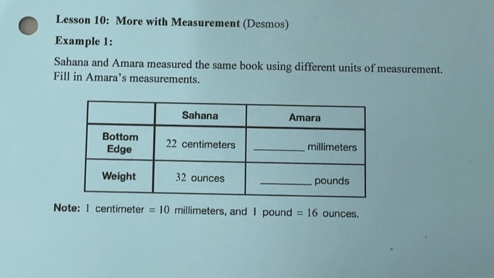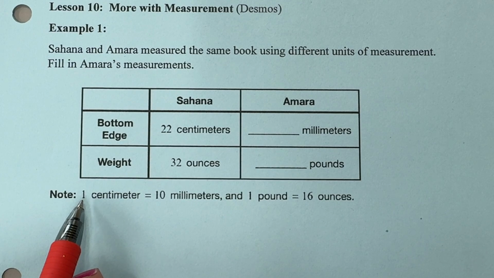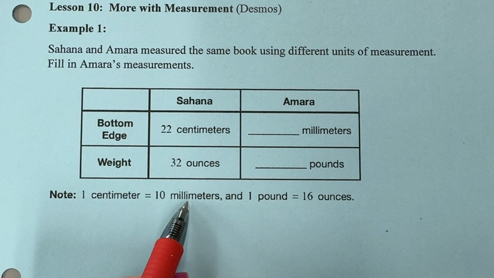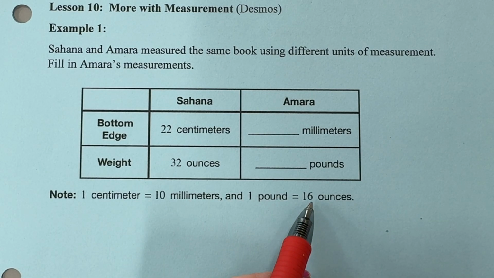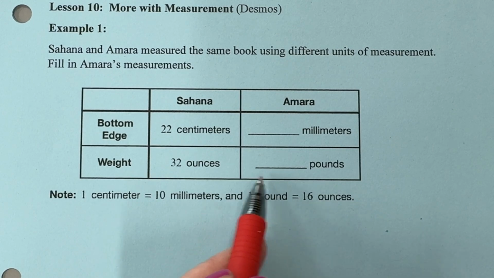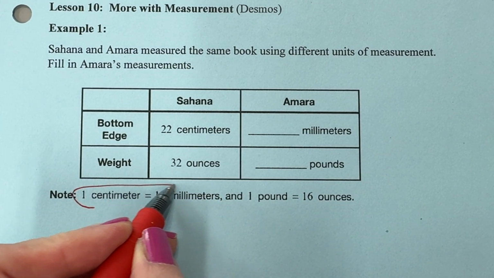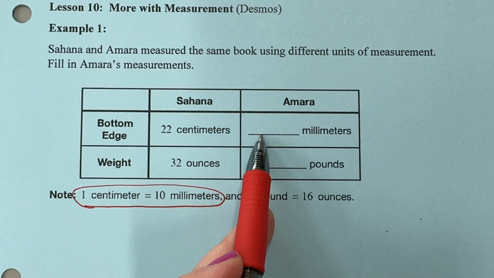Now, if you look underneath this table, we have our conversion. We need this part. 1 centimeter is equal to 10 millimeters. I also wrote here that 1 pound is equal to 16 ounces, but I think that will be used for the second conversion. So let's use this conversion right here to make this conversion.